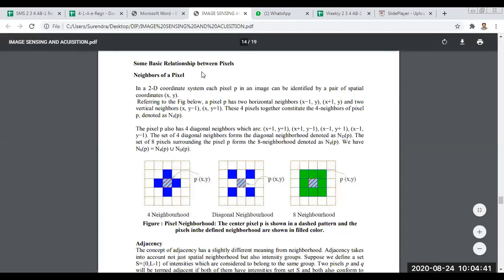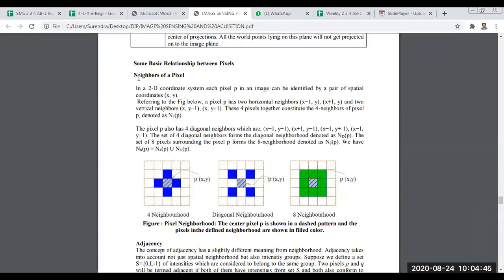Now, in the relationships between pixels, first of all we have to know the neighbors of a pixel. In a two-dimensional coordinate system, our pixel is represented with x comma y, spatial coordinates. It is not time, although it is analogous to time.